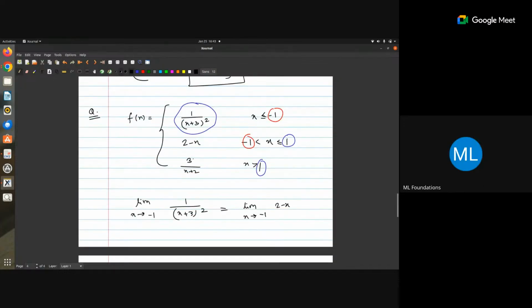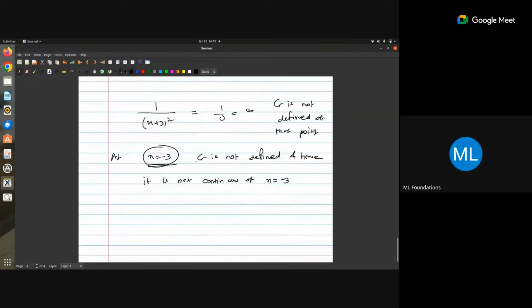Is this the same case here? This function, 3 upon x plus 2, will go to infinity when the denominator becomes 0, and the denominator becomes 0 when x equals -2.